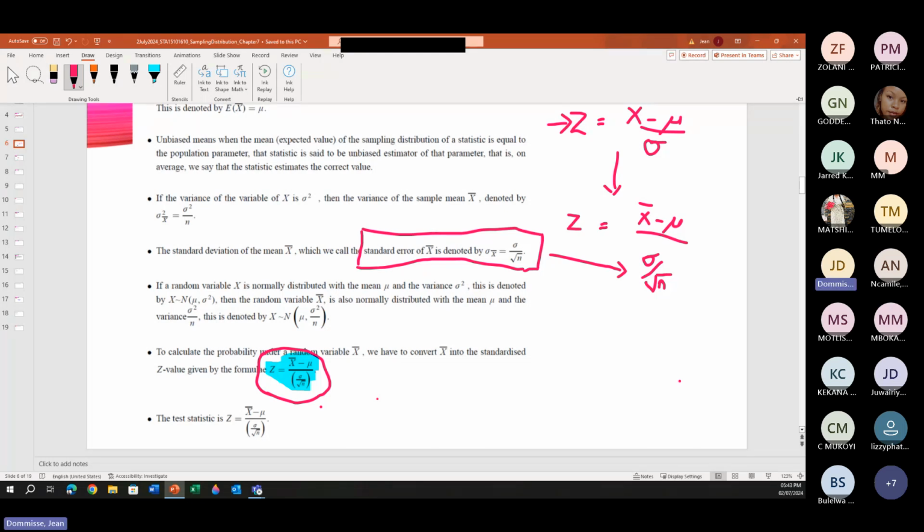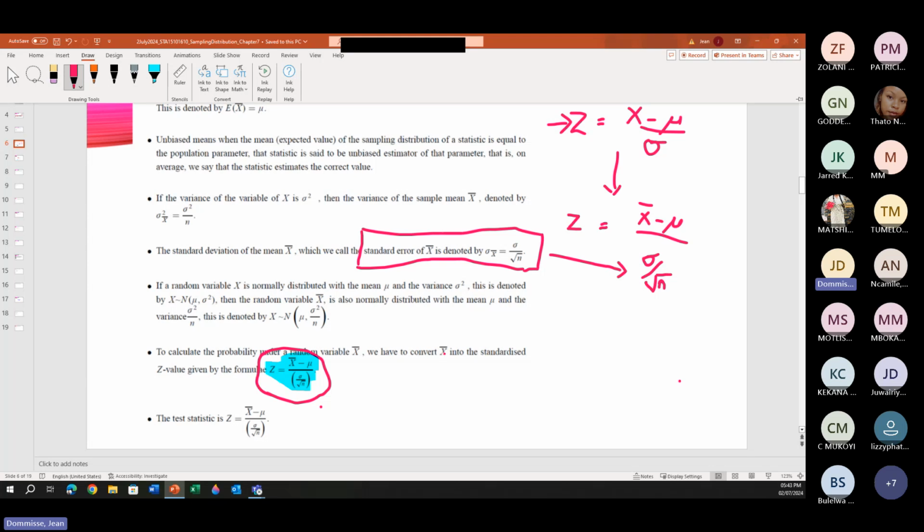So the important things out of this chapter that they will ask you in questions is still to work out the Z. They can ask you to work out the Z, and we showed that a few times in the previous session, but again, I'll show you, if you get the Z and you need to go to a probability.